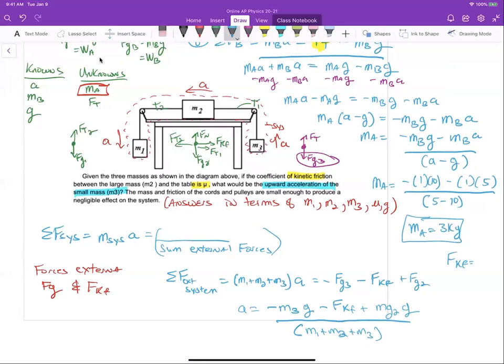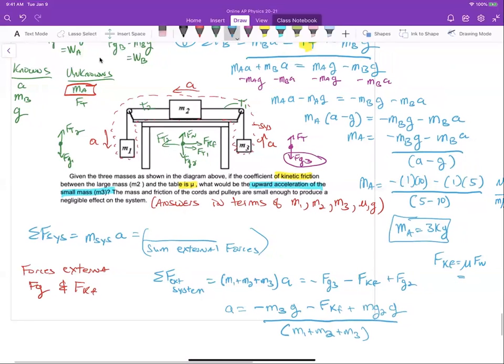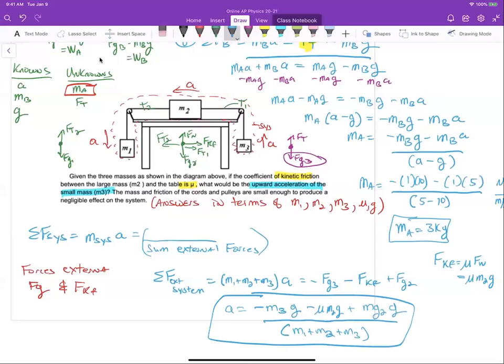By definition, force of kinetic friction is mu Fn. What is Fn on block M2? Well, that's M2G, because you'd have to solve for Fn, and hopefully you're starting to get good at that. So I'm just going to replace that kinetic friction with what it actually is, which is mu M2G. That's your answer. If you knew all your values, you'd be able to solve it.